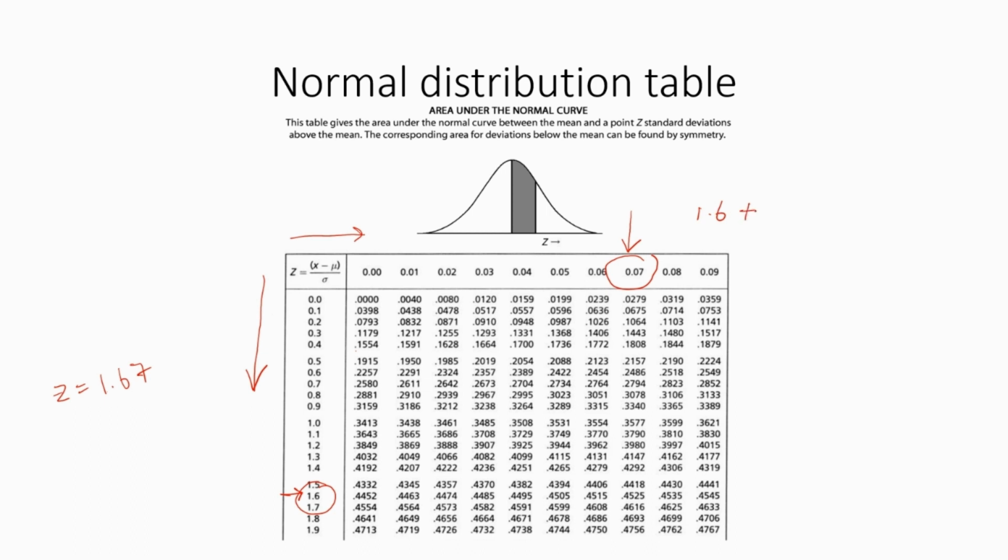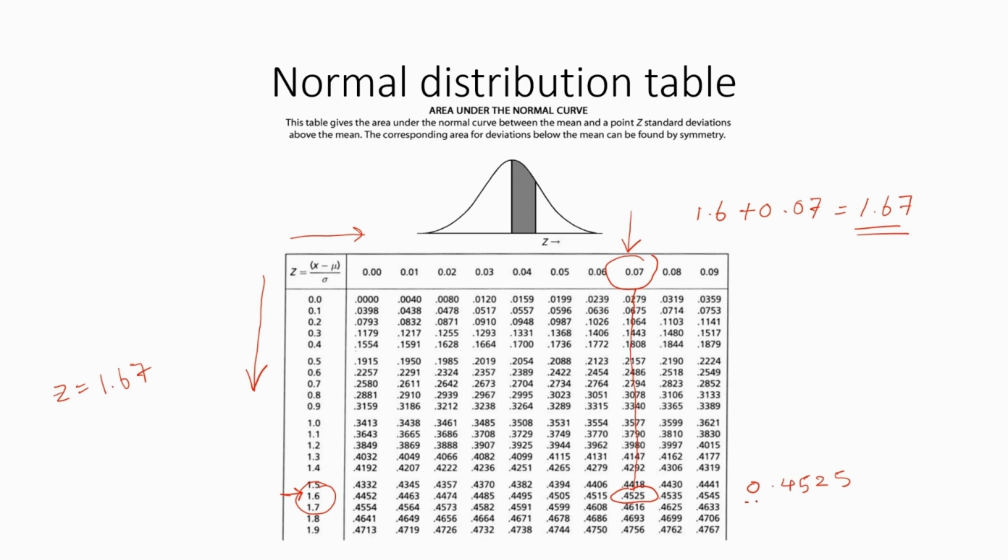1.6 plus 0.07, which equals 1.67. This is the value we need. Now let's find out the probability for the 1.67 z-score, which is this: 0.4525.